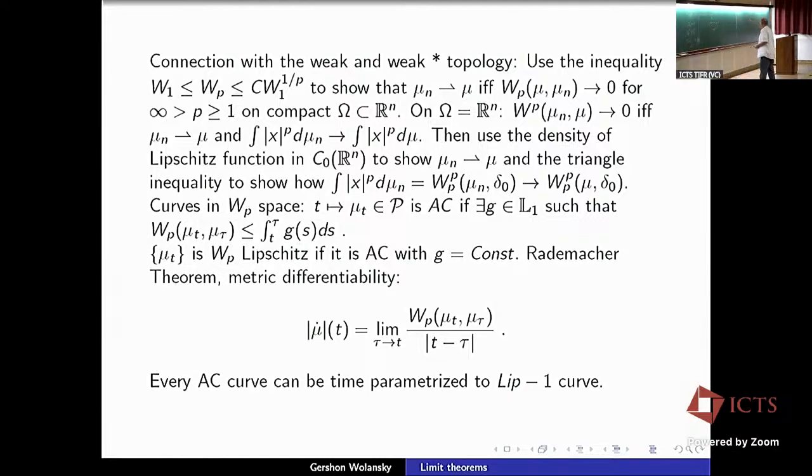Remember that the dual representation of any cost function, in particular Wasserstein, is the supremum of the integral, where phi x plus psi y is less than or equal to x minus y.